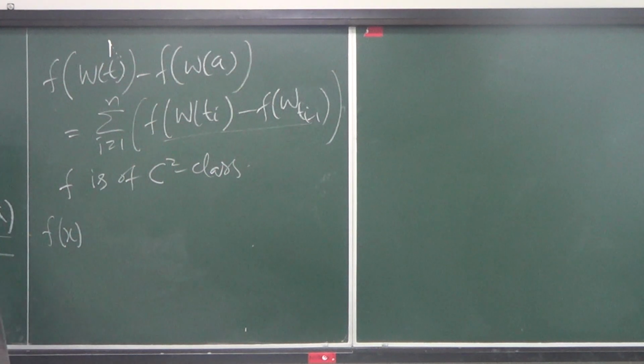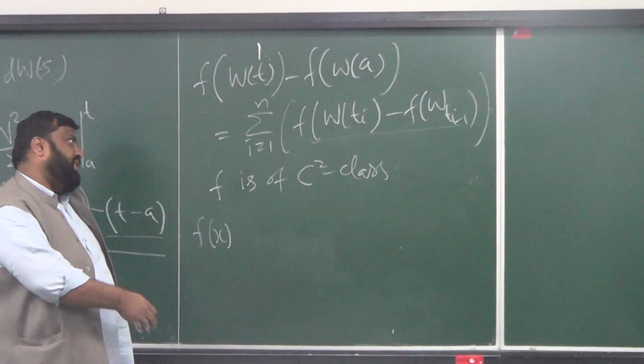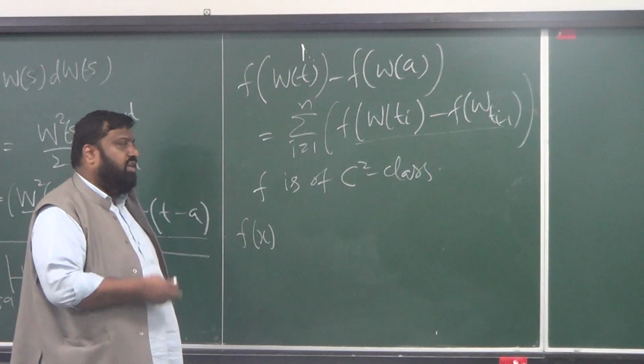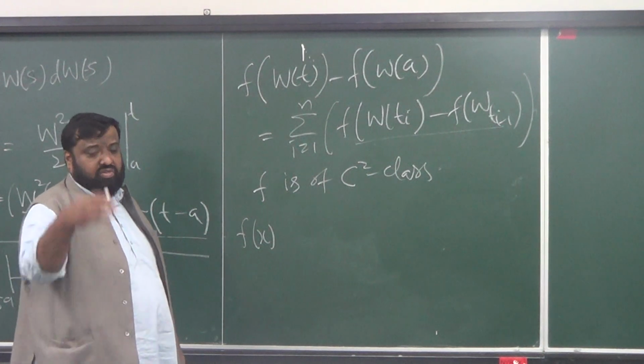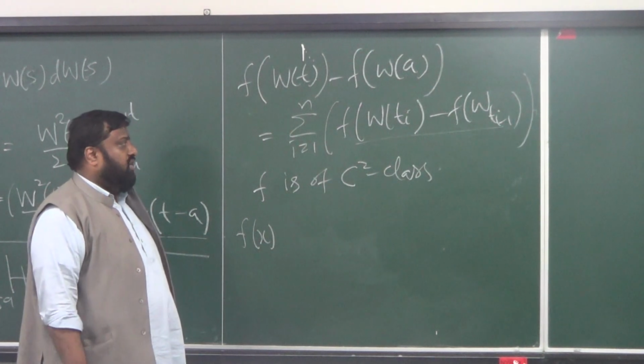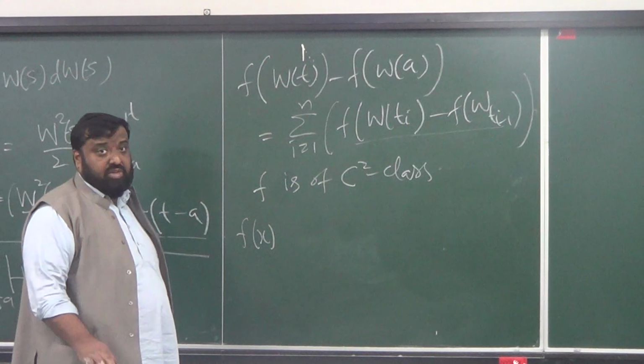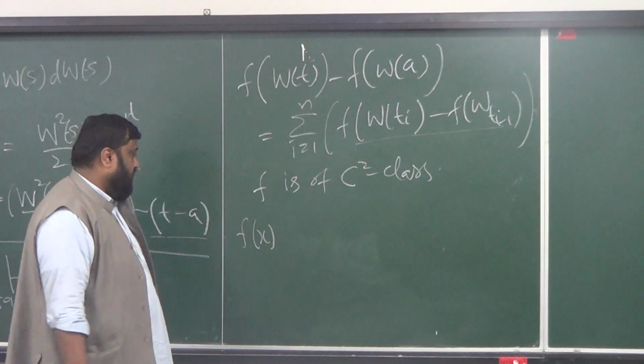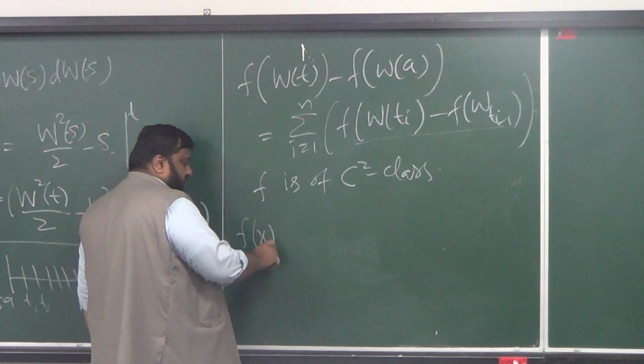For example, say you start with x naught, and you want to do the Taylor expansion around the point x naught, and you want to truncate it at the first order term. In other words, the remainder is of the second order. Then how is this going to look?